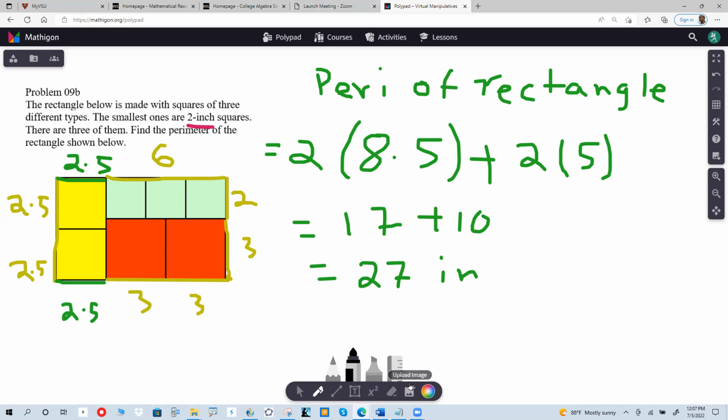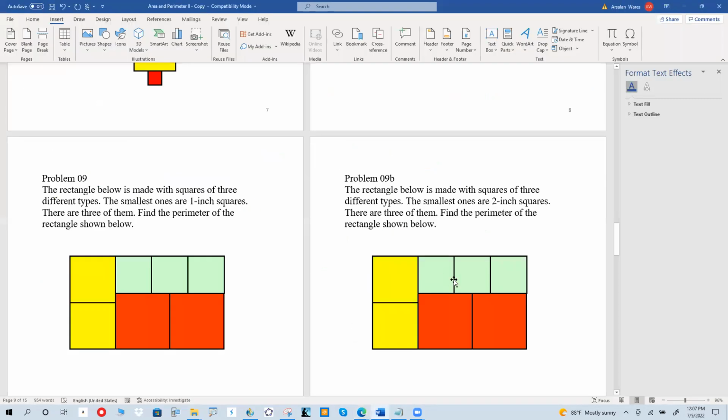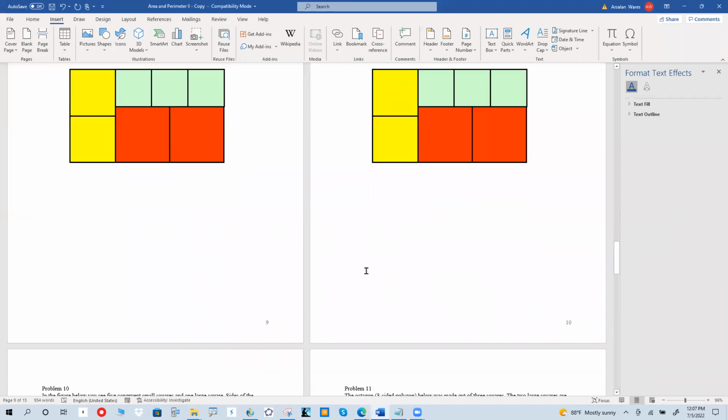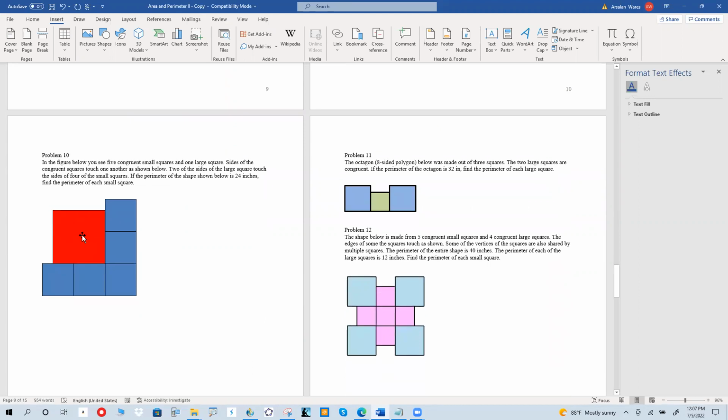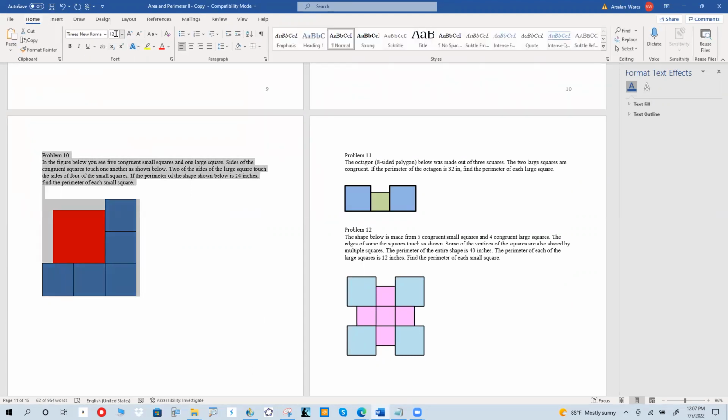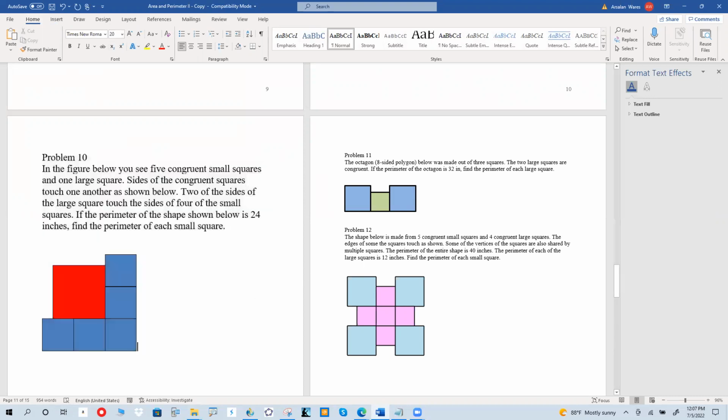All right, guys, moving on. So I'm going to do a couple of problems like this. Let's see. Do we have anybody? No. Okay. I'm going to do this one, of course. Let's take this one.